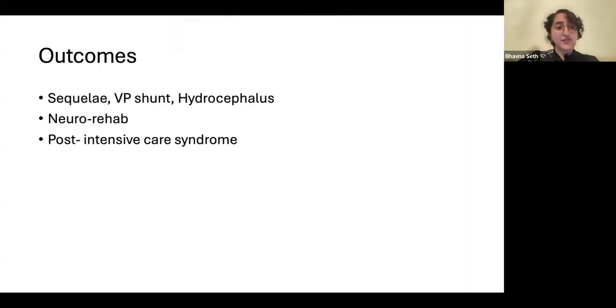And of course, related to these complications, one can imagine various sequelae, and you had a lovely session on post-intensive care syndrome and rehab, which become very relevant for patients, but also all the inflammation can cause obstruction of the CSF flow and lead to hydrocephalus, leading patients to need ventricular shunts or other elements to decrease that pressure.